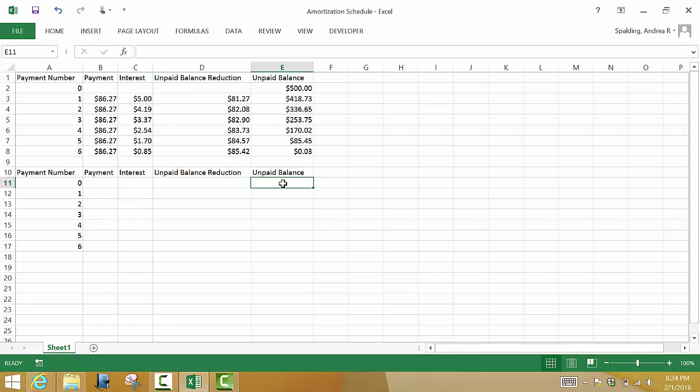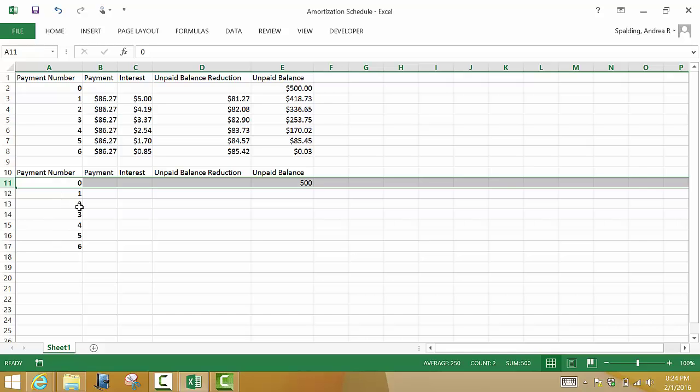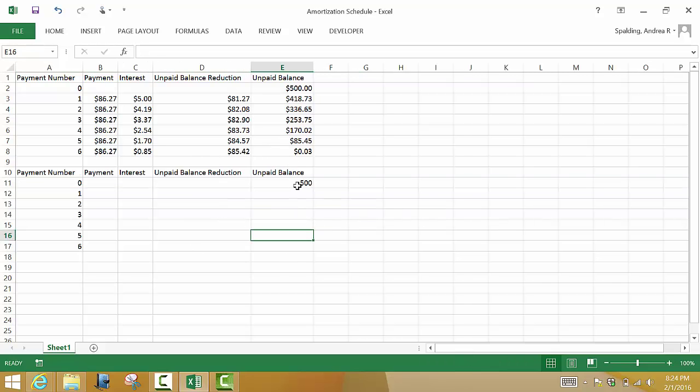We have an unpaid balance of $500, so I'm going to put that in under payment number 0. I have a column for payment number, payment, interest, unpaid balance reduction, and then the actual unpaid balance. We're starting out with a loan of $500, and I would like to calculate the monthly payments, which are going to be the same every month.